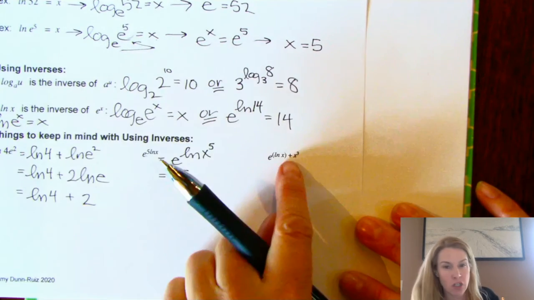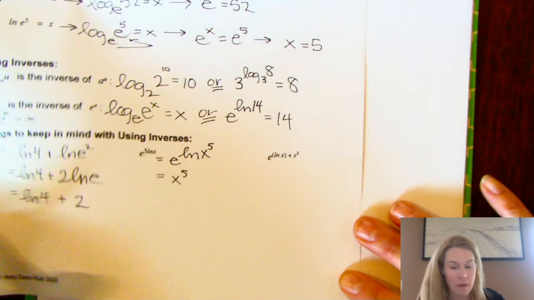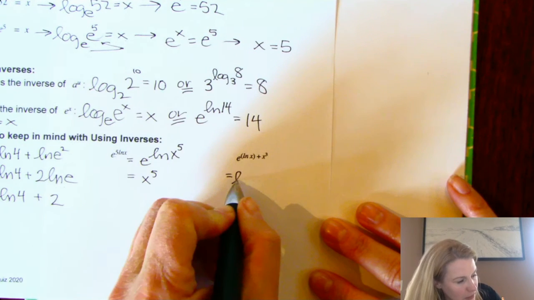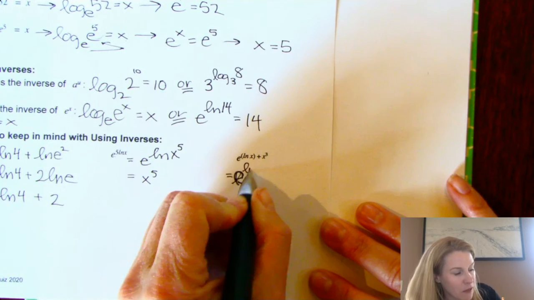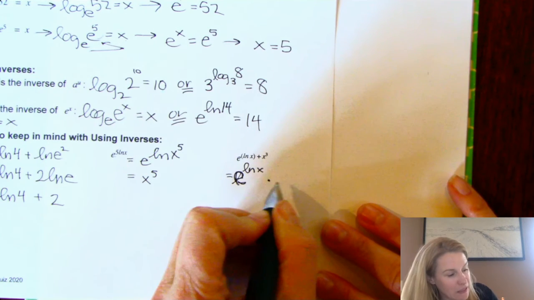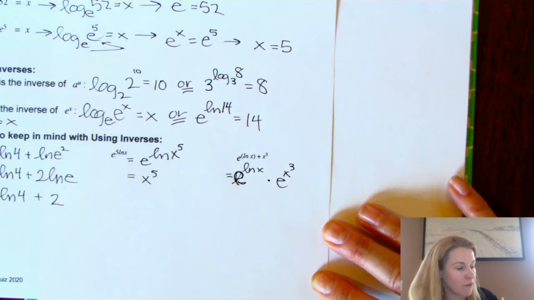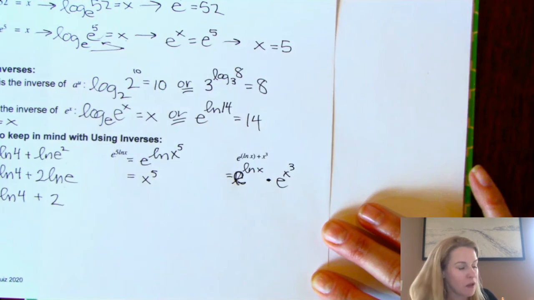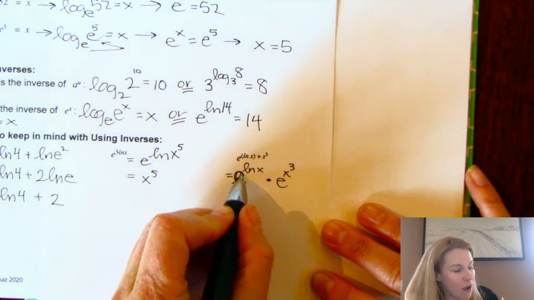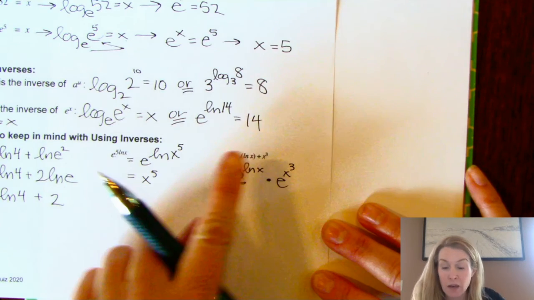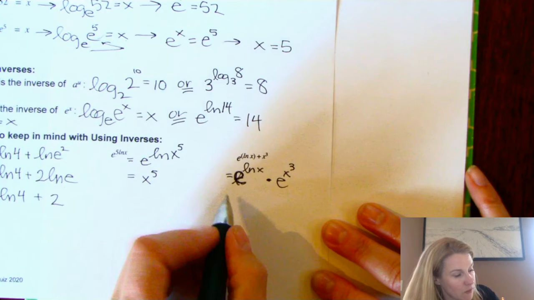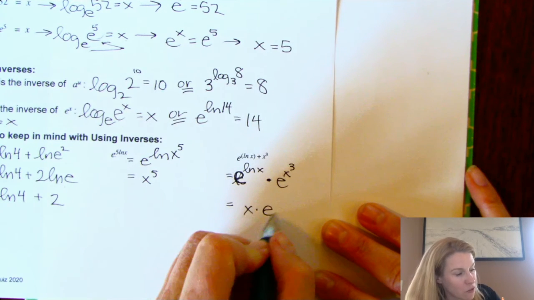Since I have addition in the exponent, I need to remember that that means I have e to the ln of x times e to the x cubed, right? I've got addition in the power, and I can separate the bases like that. So now I have e to the ln of x. Well, e and ln are inverses of each other, so I'm left with x times e to the x cubed power.